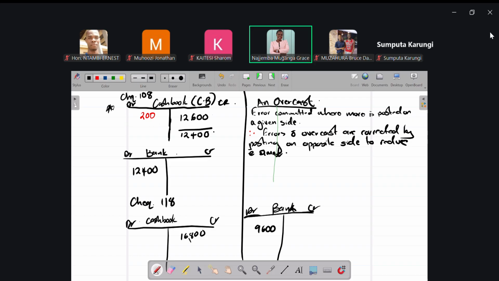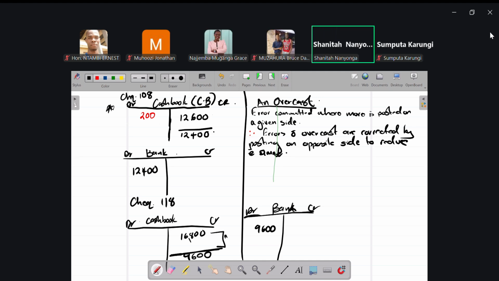It means they posted on the right side, yes, but they posted more. They should have posted 9,600. How do you work this out? So what do we do? They posted more. By how much? What's the difference? 7,200.